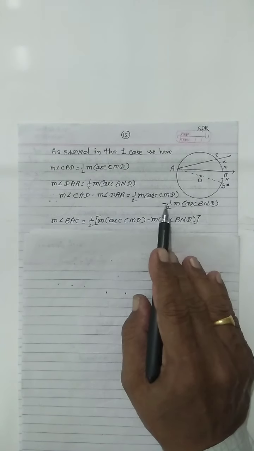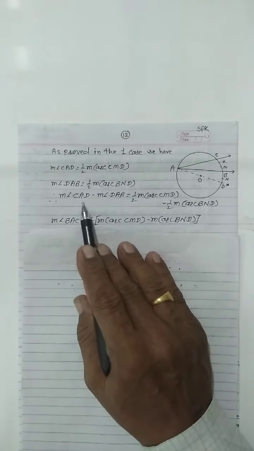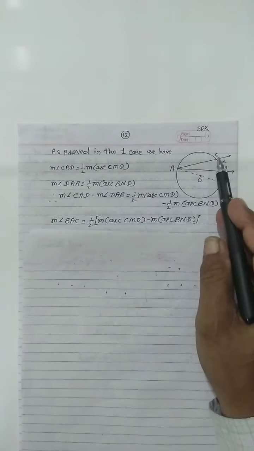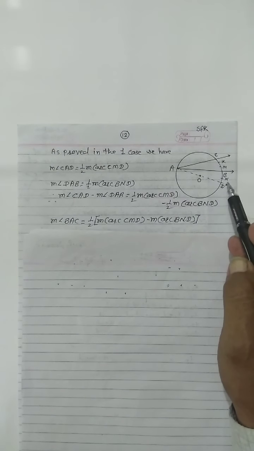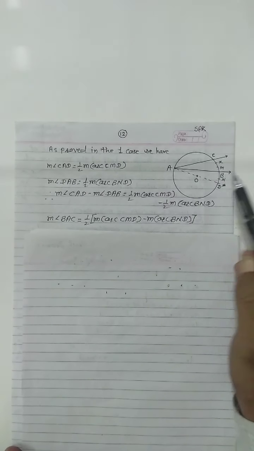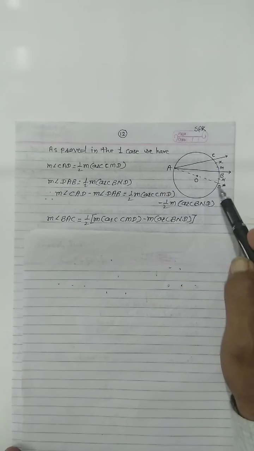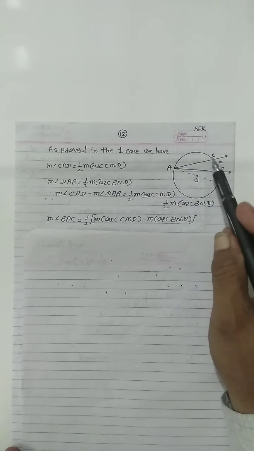Now take 1/2 common from these two. See the subtraction of these two, CAD minus this angle DAB, means we subtract from this angle this much angle, we get here angle BAC.